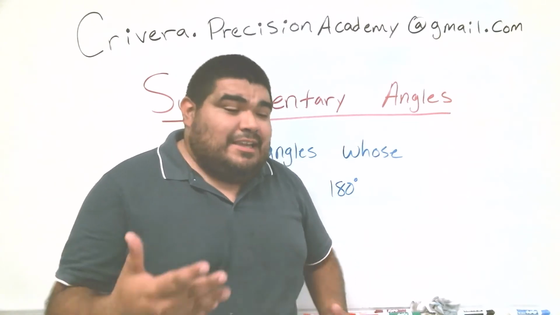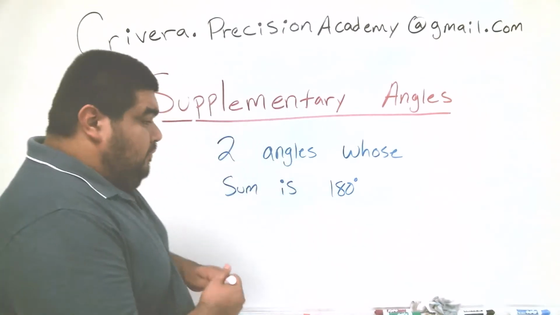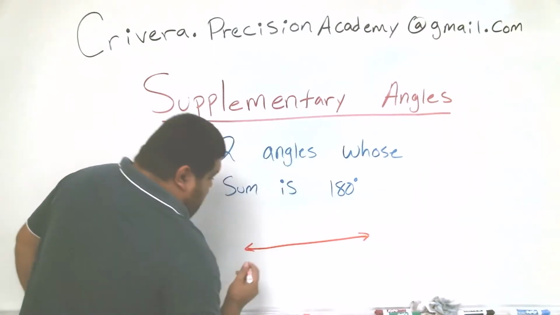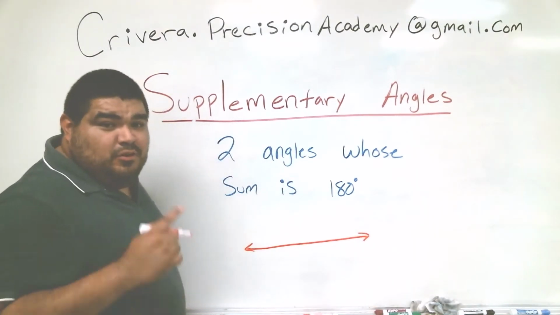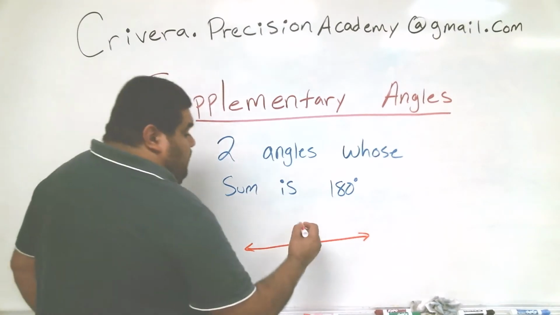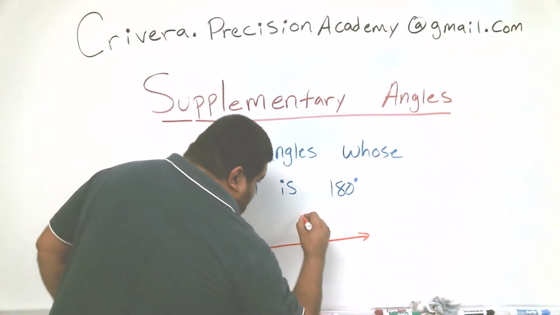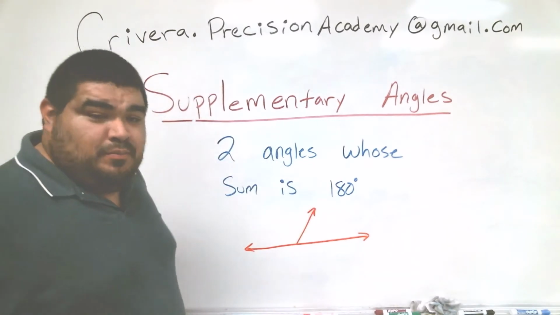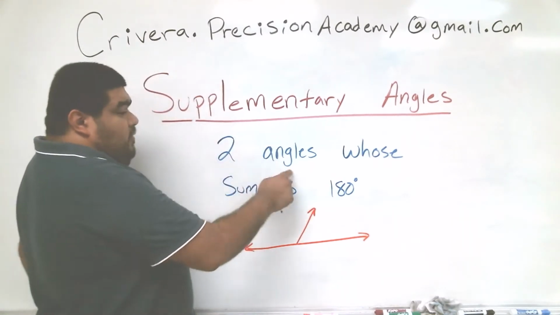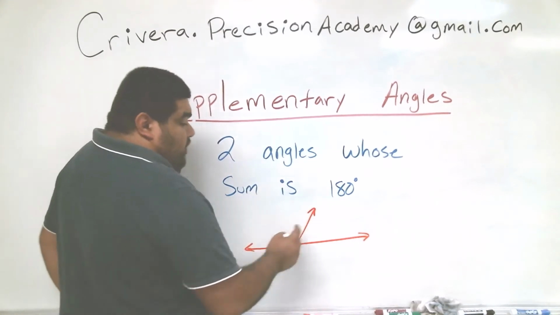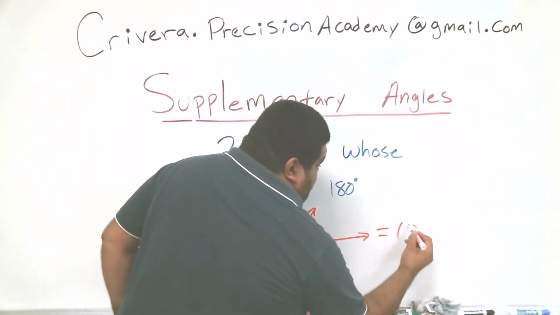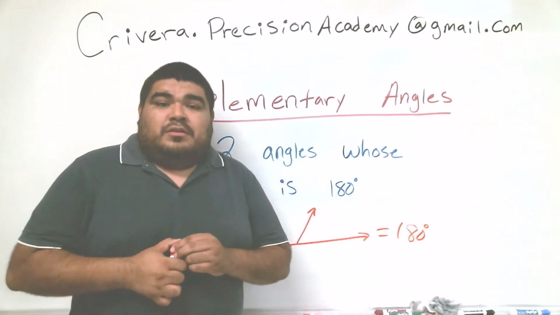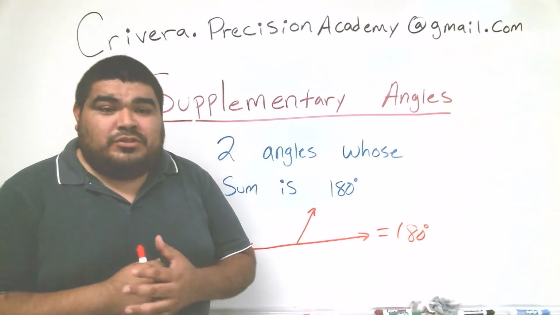We usually see it as a line, which is a straight angle equals 180 degrees. But once you cut it in two pieces, it becomes a supplementary angle because now there are two angles that together equal 180 degrees. So that is one of the words you're going to need.